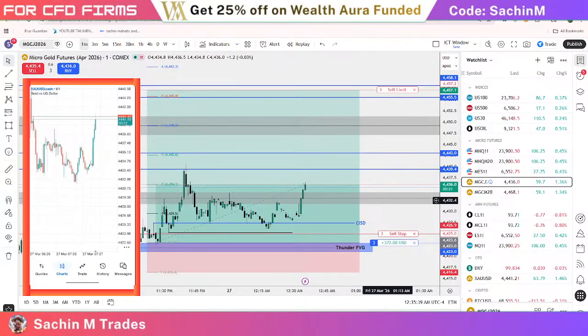We are at least $300. We have liquidity above our target, so market should go above there.